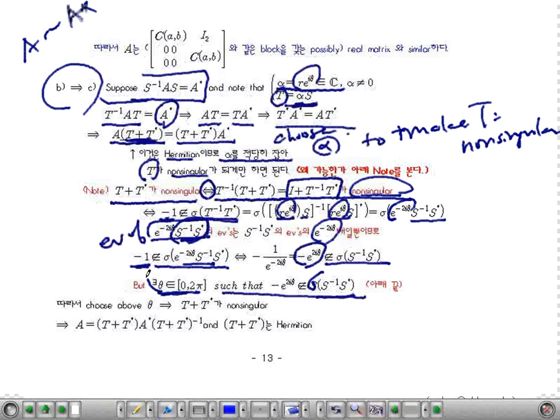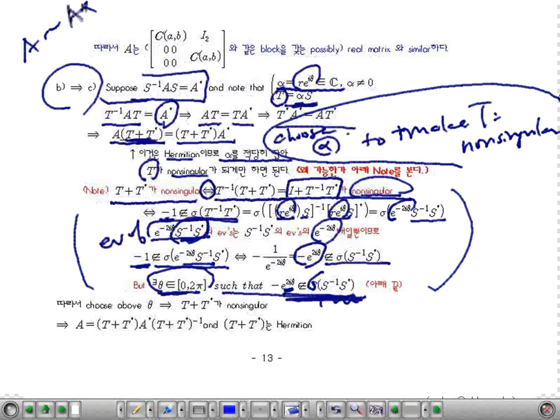We can always find such a theta, because this is a matrix of size n by n, so it has only n eigenvalues, but we have infinitely many thetas. So we can always find a value that differs from those n eigenvalues. They exist, so we can always choose.